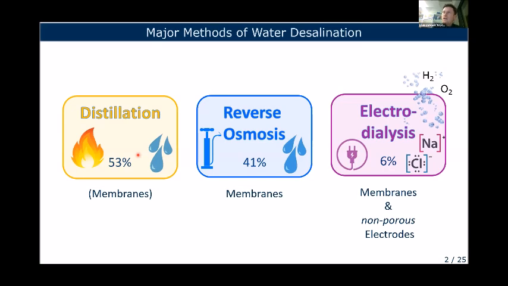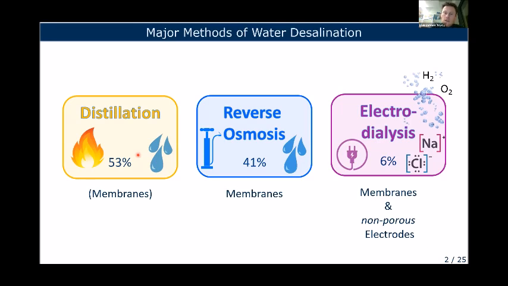The second best in terms of abundance is reverse osmosis, where also membranes are used. Again, you remove water from the salt, and now you don't use heat or a difference in temperatures, but you use a difference in pressure.